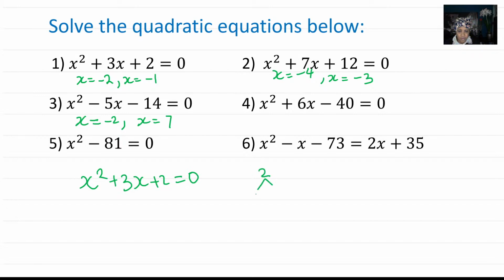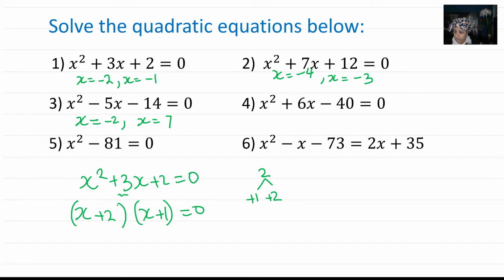It's just 1 times 2 and we need a 3. So both need to be positive because everything here is positive, and that's the only way you can get plus 3 by adding these two. So you have in brackets equal to 0, x plus 2 and x plus 1.